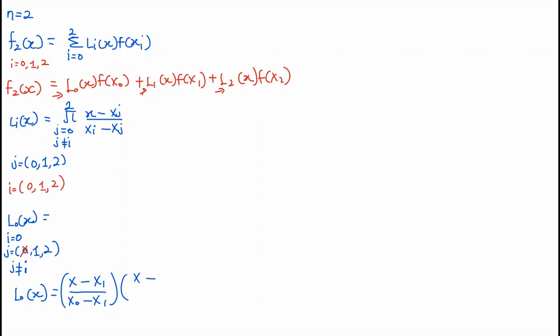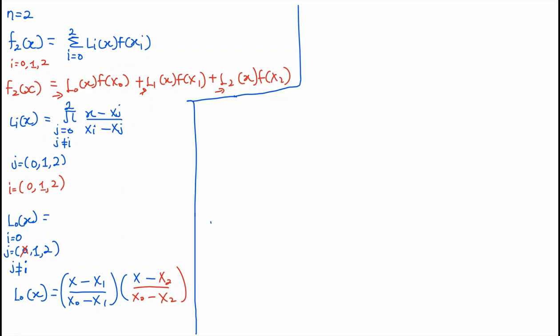The next j value will be 2, so you're going to have x minus x2, divided by x0 minus x2. So this will be for L0 of x. We are going to do the same for L1 of x and then L2 of x. Let's take note of that. You see that this is different from the previous one where we had just one of this, but in this case we are having 2.